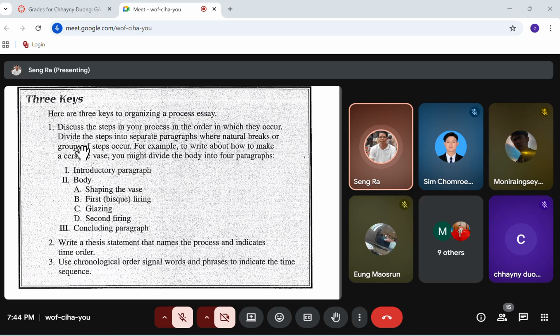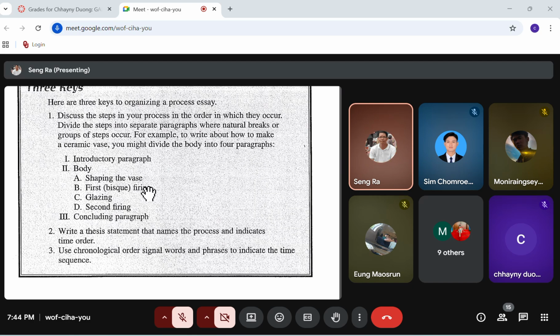Divide the steps into separate paragraphs where natural breaks or groups of steps occur. For example, to write about how to make ceramic glass, you might divide the body into four paragraphs.